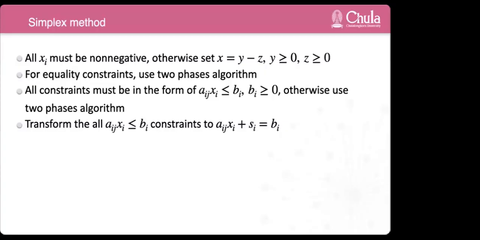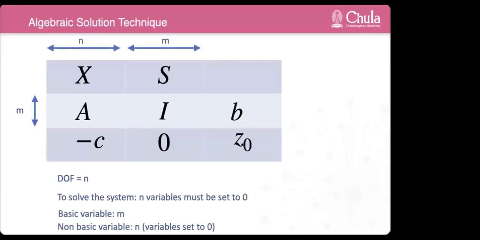I'm going to tell you later. And once you write the canonical form, you add slack variables to make it an equality constraint, and put all the variables and coefficients in this table. Okay, we have the table here.